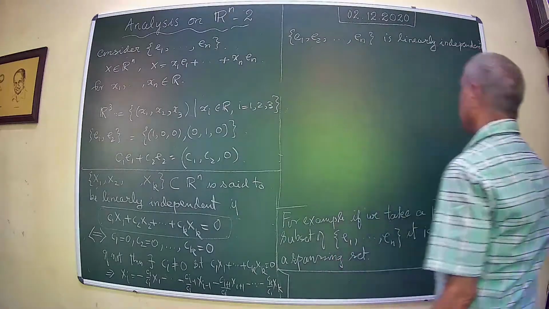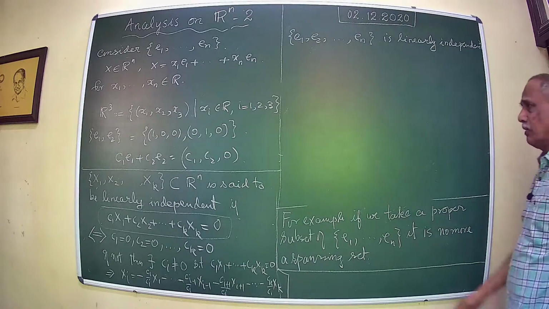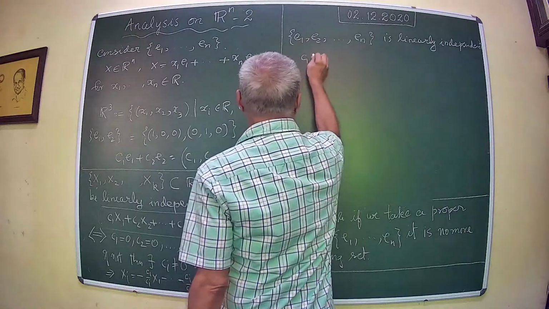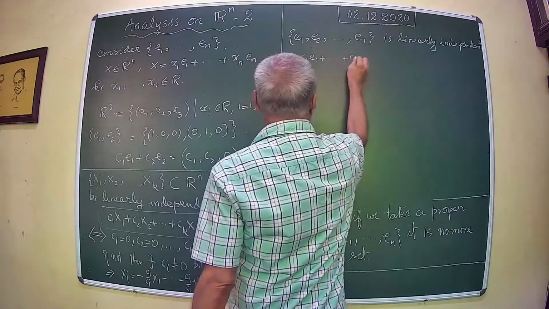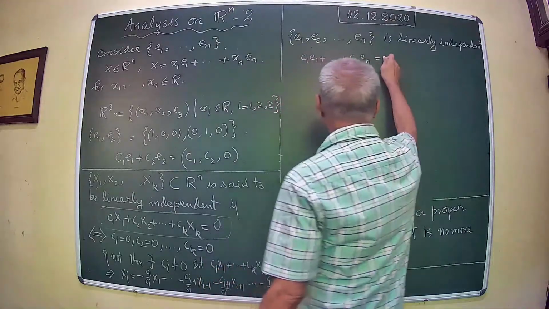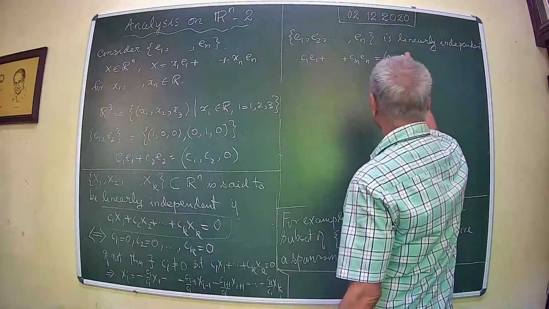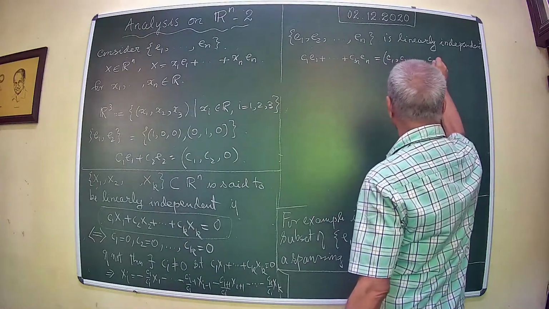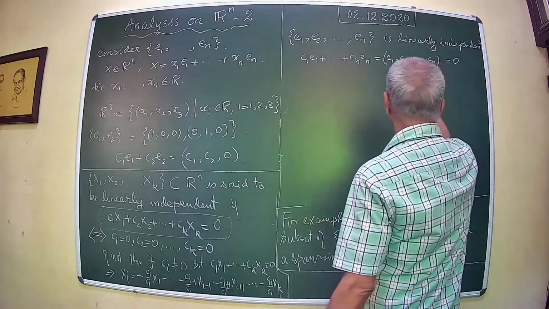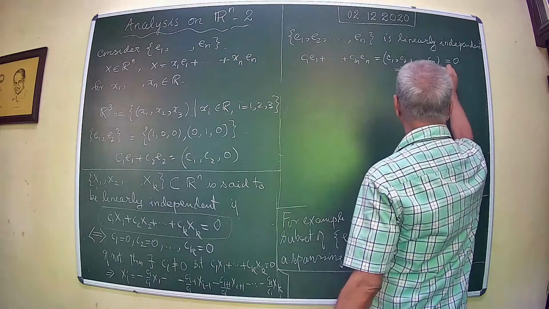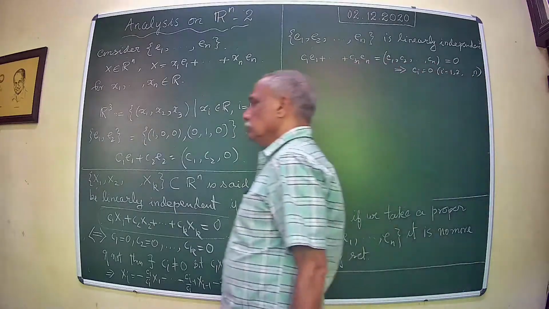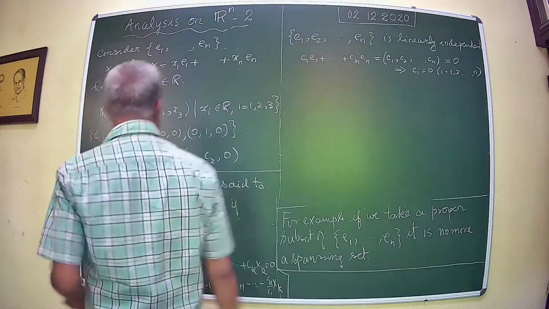In fact, one observes this very quickly, because c1 e1 + ... + ck ek + ... + cn en equal to 0 means this is equal to (c1, ..., cn), and this is equal to the 0 vector, which implies ci equal to 0 for i equal to 1, ..., n. Okay, so that's very quickly verified.